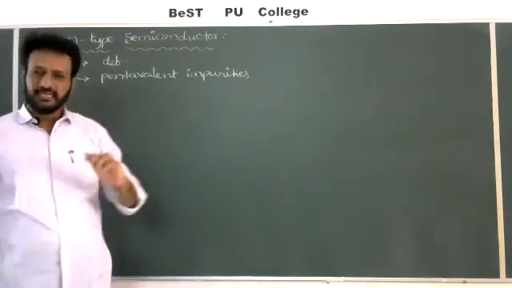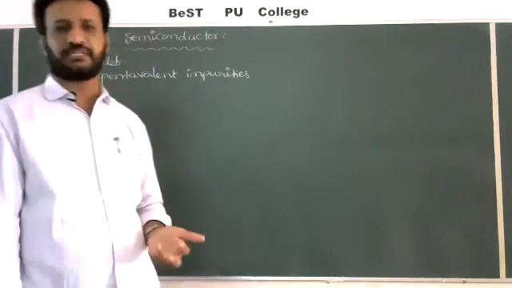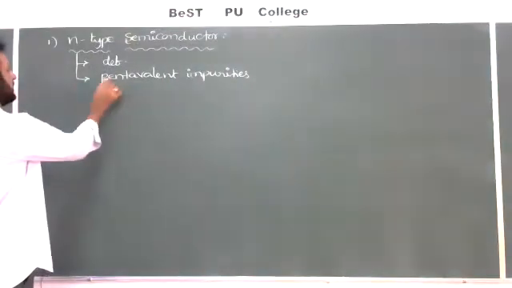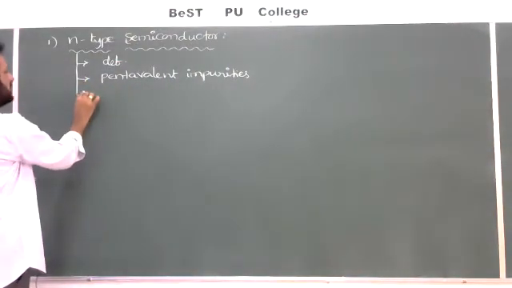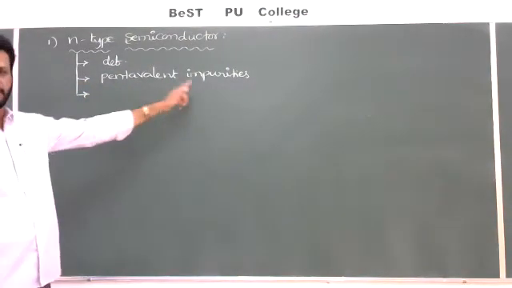Here N-type means negative type, because more electrons are present compared to positive charges. So here, what type of dopants are we adding? Pentavalent impurities.